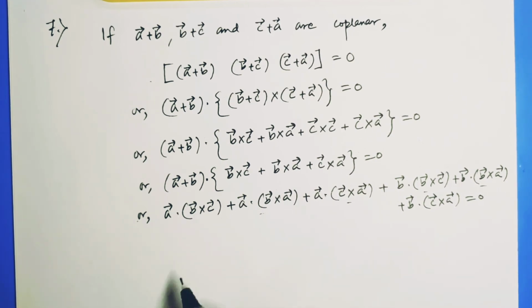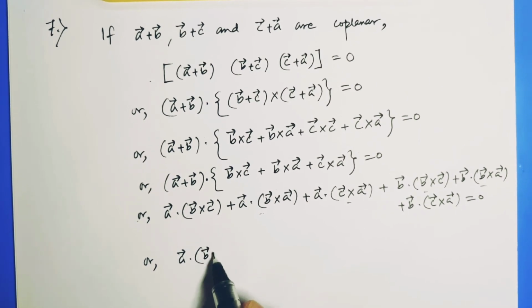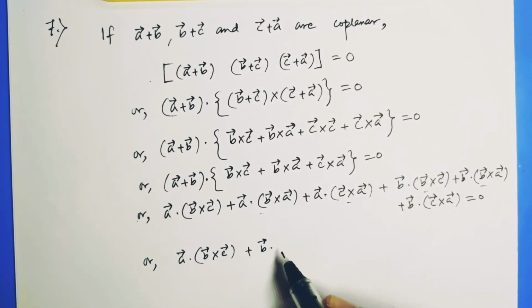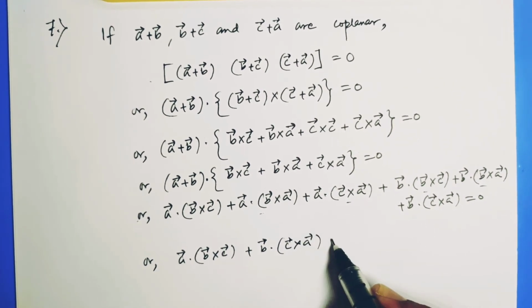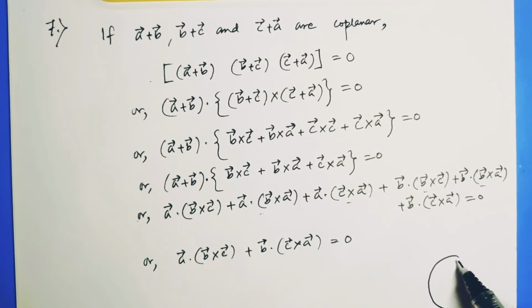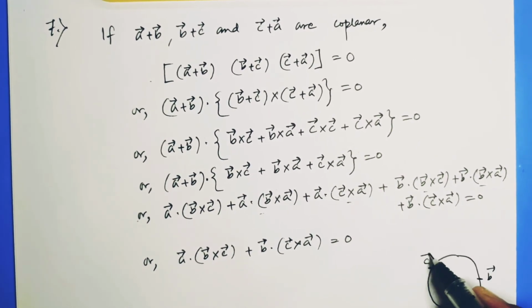So what are we left with? We are left with A dot B cross C plus B dot C cross A equal to 0. Now look here, A dot B cross C and B dot C cross A. Let us roll back to our time of scalar triple product. Suppose I say A in here, B in here, C in here.